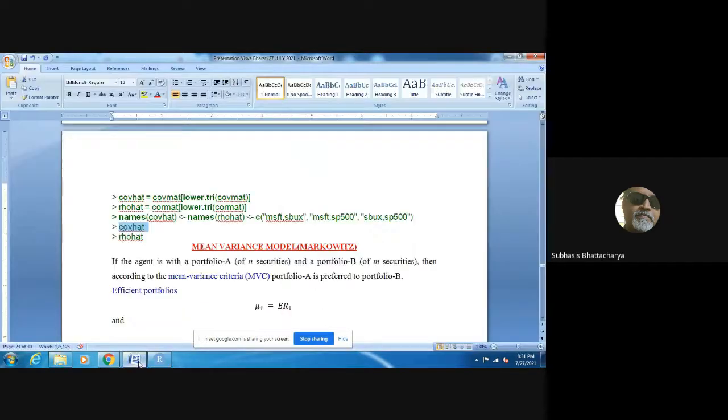That is the actual covariances and actual correlation coefficients of the series.